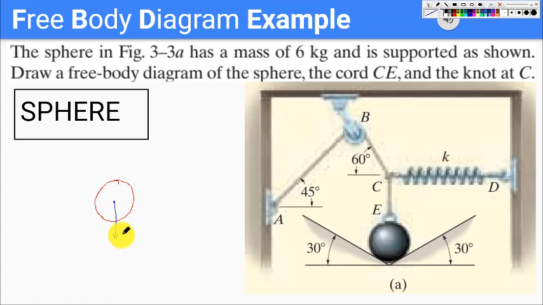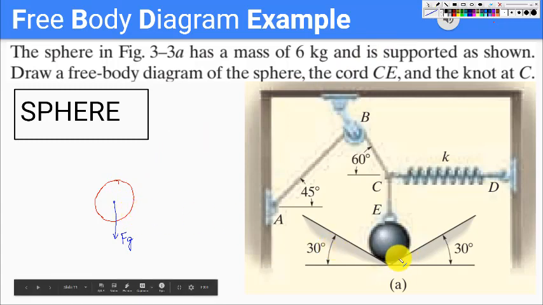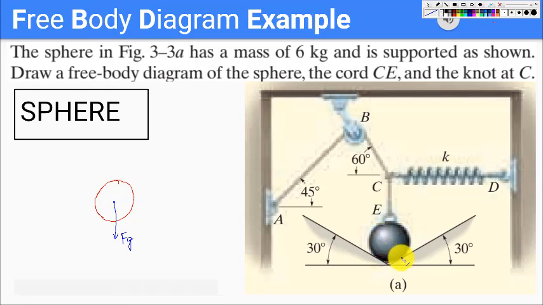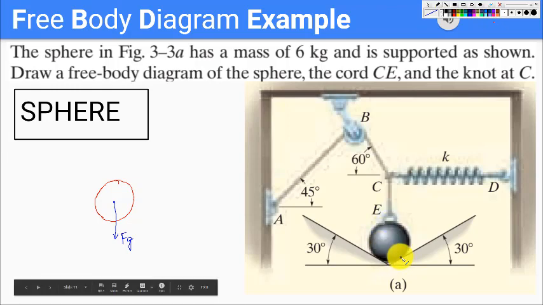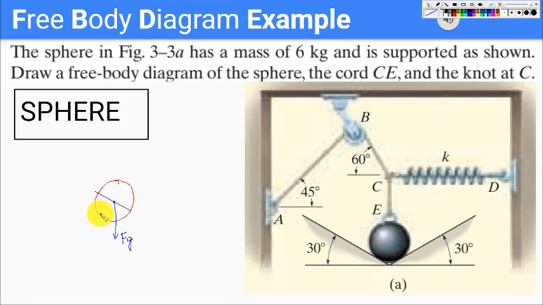Next, we have a force because of this surface. There is a normal force pointing at 90 degrees from this surface. So we have a force acting like this. Another force acting like this. Because they are two forces, let me just draw arrows.